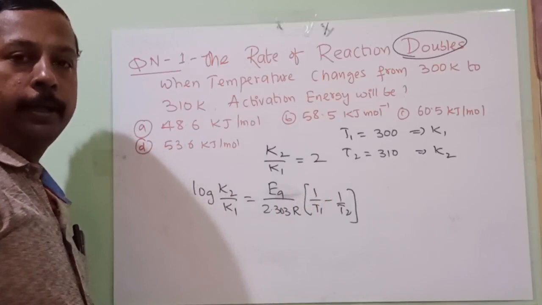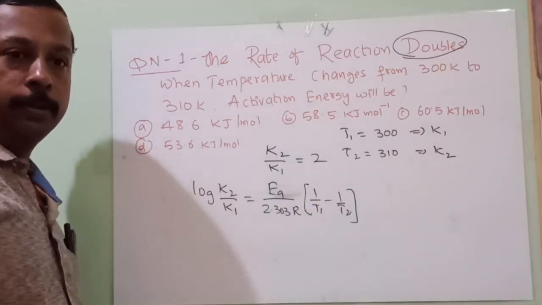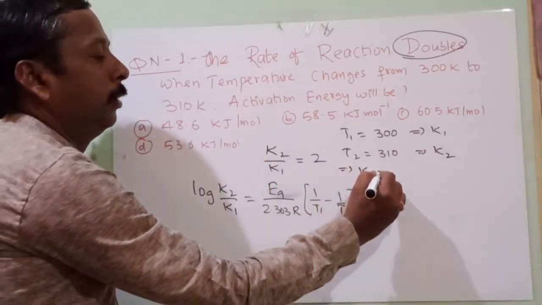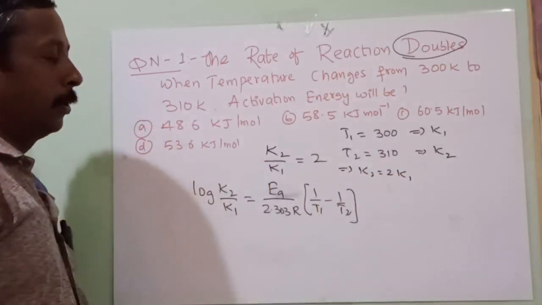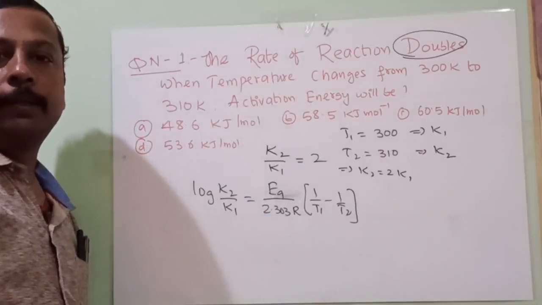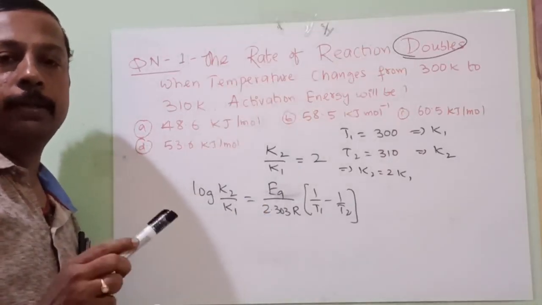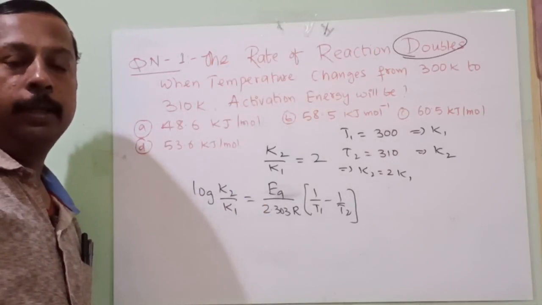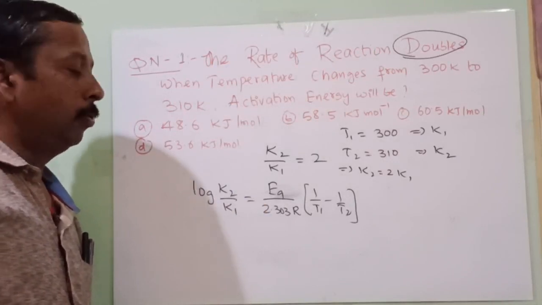Now I will tell you what to substitute. From this we can say K2 is equal to 2K1, as the temperature increases from 300 to 310 Kelvin and the rate of reaction is doubling.